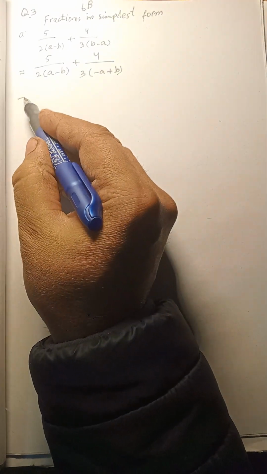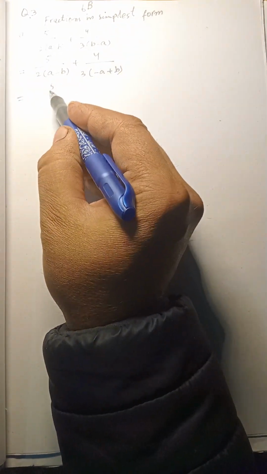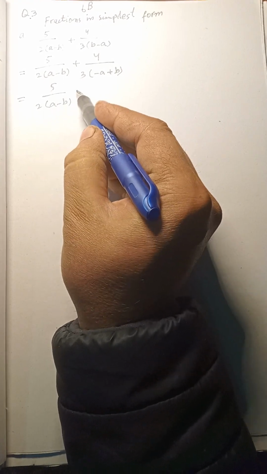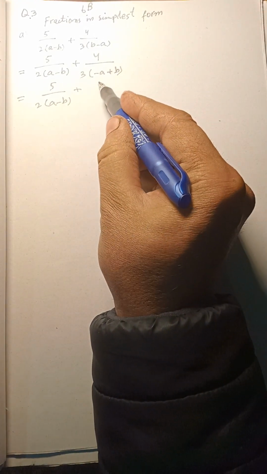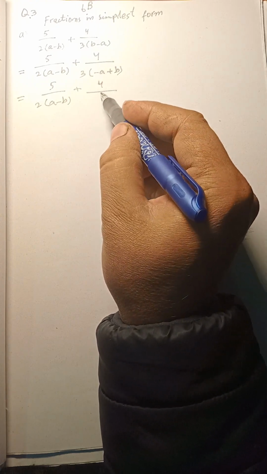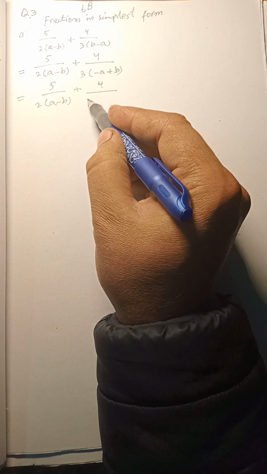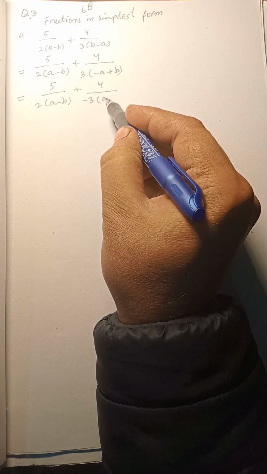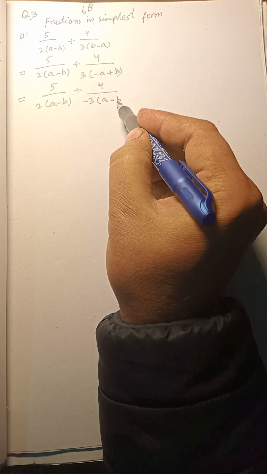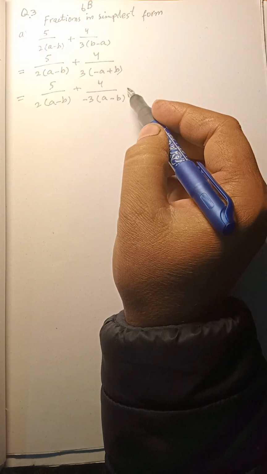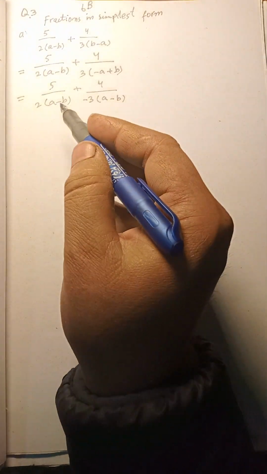Now in the second step, 2 into (a minus b) will remain the same, but here 4 over, bring this minus sign out of the bracket, it will become minus 3 into (a minus b). Due to this minus sign, the inner sign will change during the formation of the bracket.